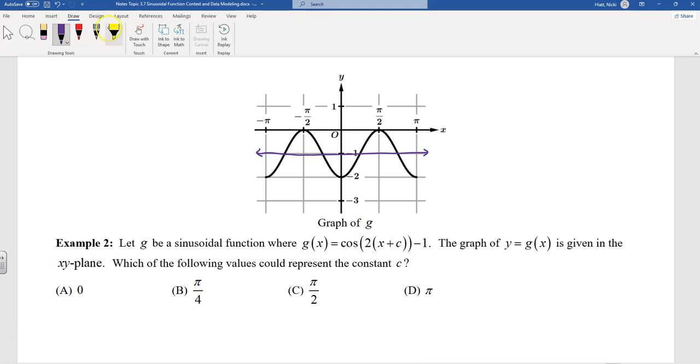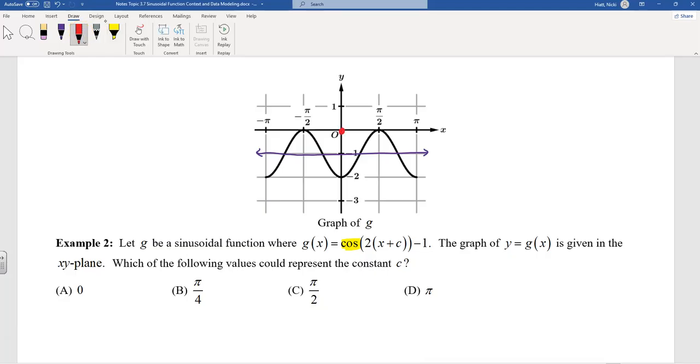Now, they are specifically telling us that we're using a cosine graph. So for cosine, does it have its y-intercept at a maximum, midline, or minimum? It is a maximum, right? Because we will have this memorized. The y-intercept is at a maximum. This graph does not have a y-intercept at a maximum point.